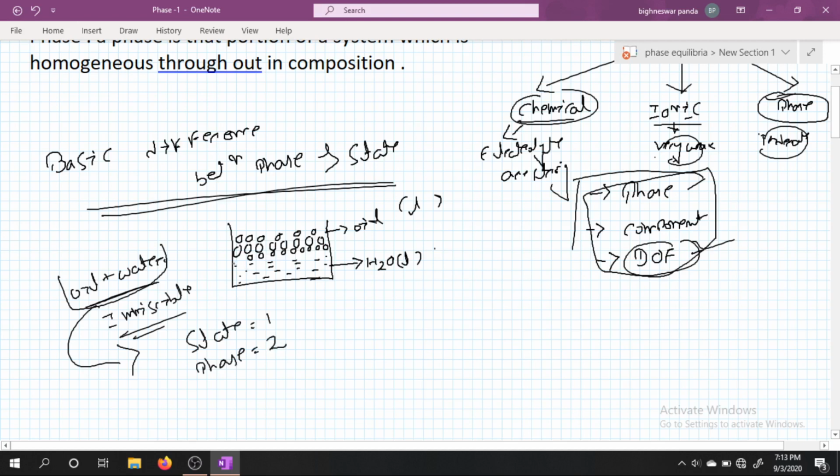Here there is a small boundary separation, an imaginary boundary separation between oil and water. So oil is one phase and water is another phase. So phase is 2. How can I know the difference between phase and state? Simply remember, state represents physical appearance, but phase represents boundary separation.